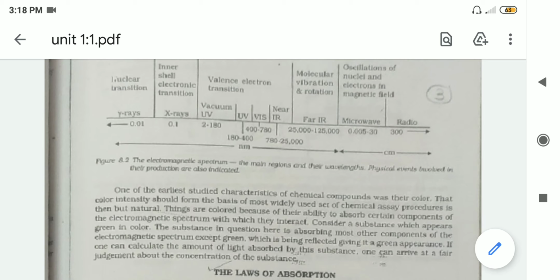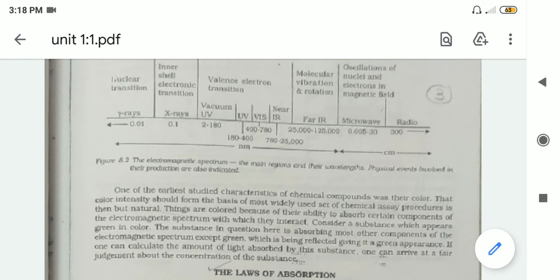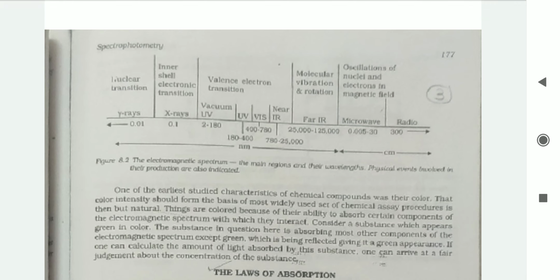How do we get light from the UV range? When valence electron transitions occur at the atomic level, then UV rays are produced.